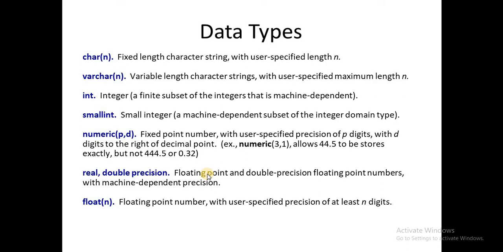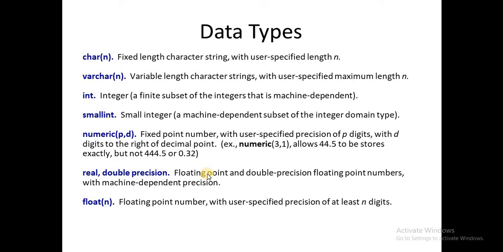So in numeric data type, the first parameter indicates the total number of digits, and the second parameter refers to the number of digits after the decimal point. If you want to store a whole number, use small int as a data type. If you want to store fraction numbers, you can choose either float or real.